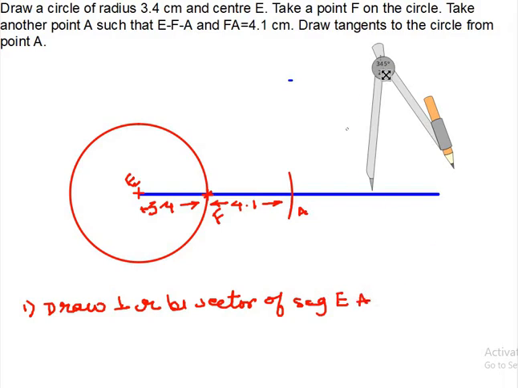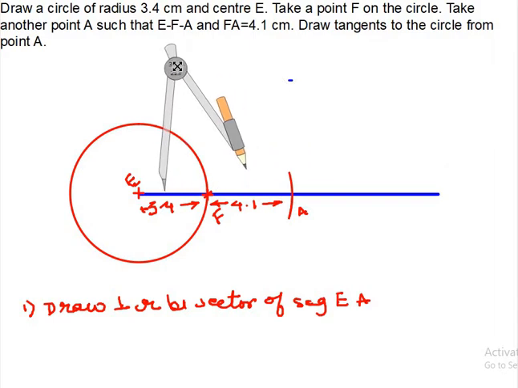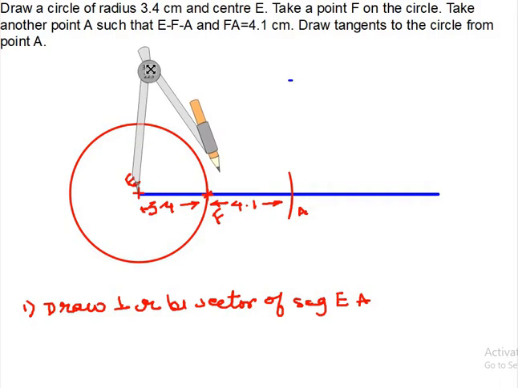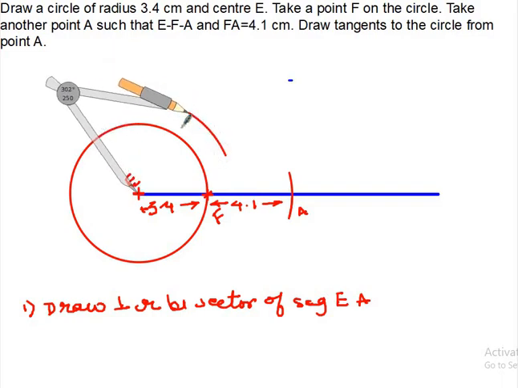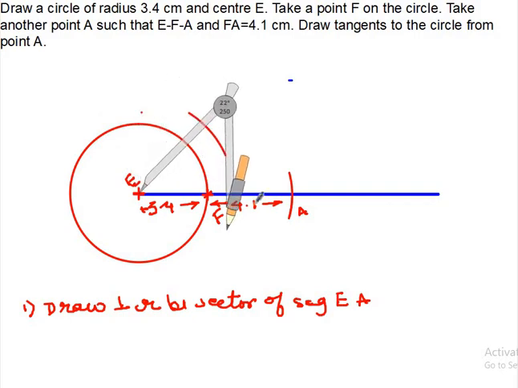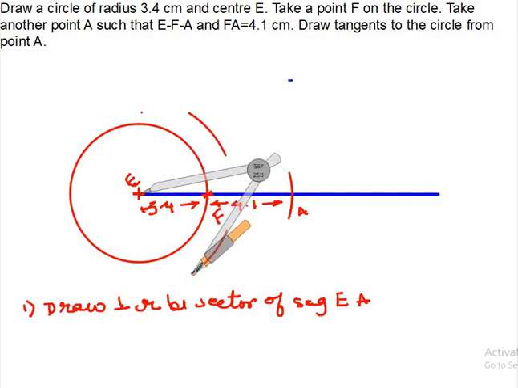Using the compass, keeping the steel point on E, measure more than half and draw two arcs, one above segment AE and another one below segment AE, such that the arcs are just above and below the point F. You can see here above and below the point F.